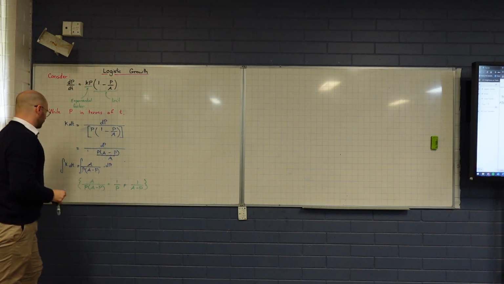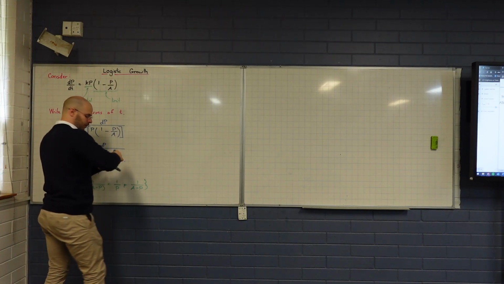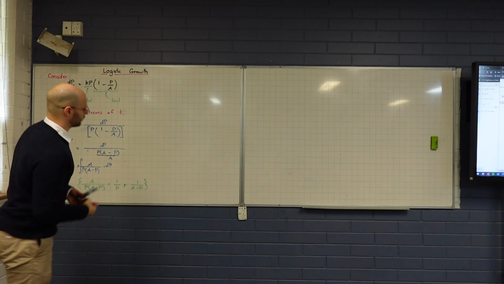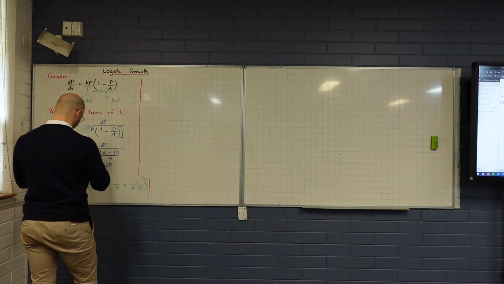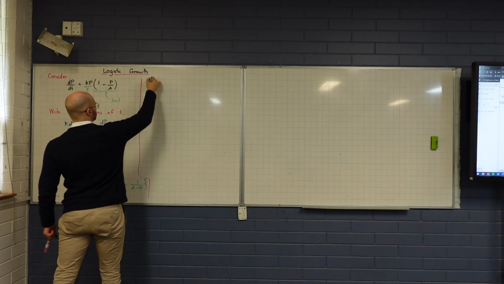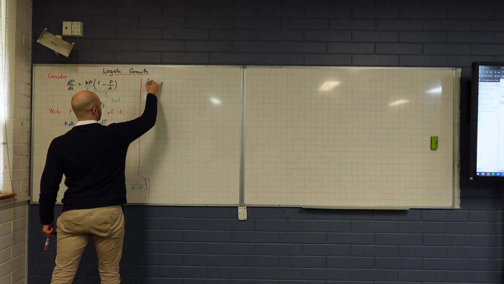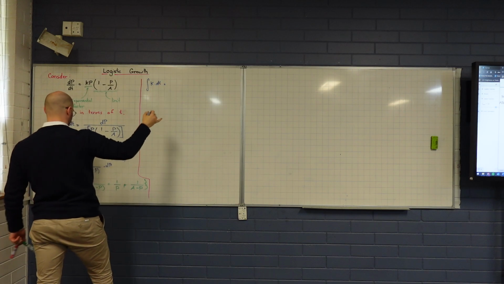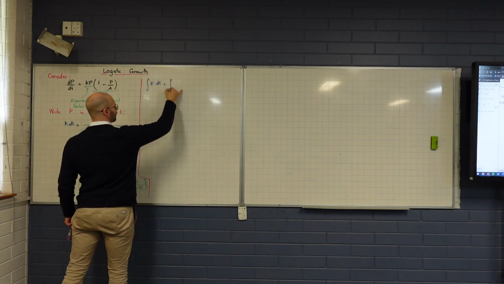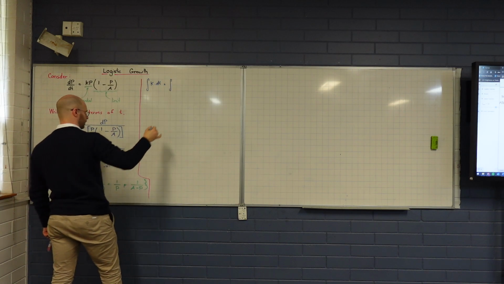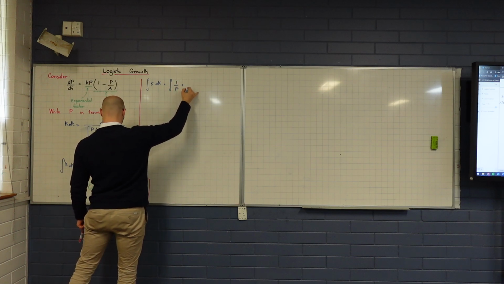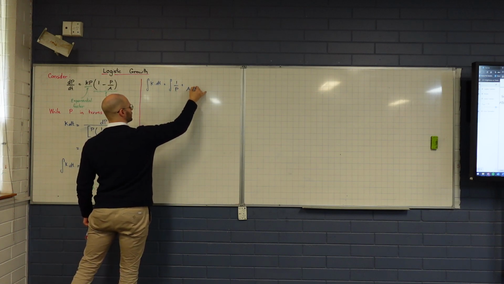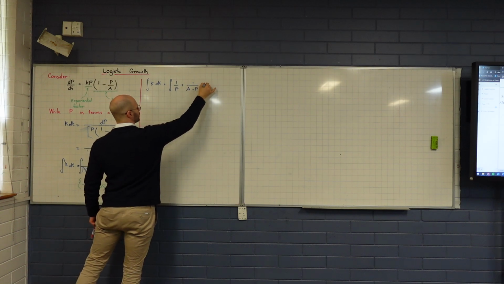And because we're able to do that, it's an easy transform to put in a form that's easier to integrate. So the integral of k dot dt is equal to the integral of 1 over p plus 1 over a take p, dp.